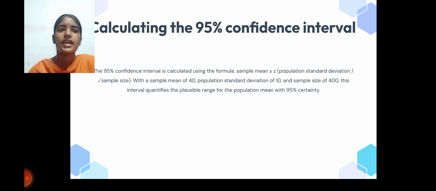So we calculate the 95% confidence interval using the formula: sample mean plus or minus Z times population standard deviation divided by the square root of sample size, with a sample mean of 40, population standard deviation of 10, and sample size of 400. This interval quantifies the plausible range for the population mean with 95% certainty.